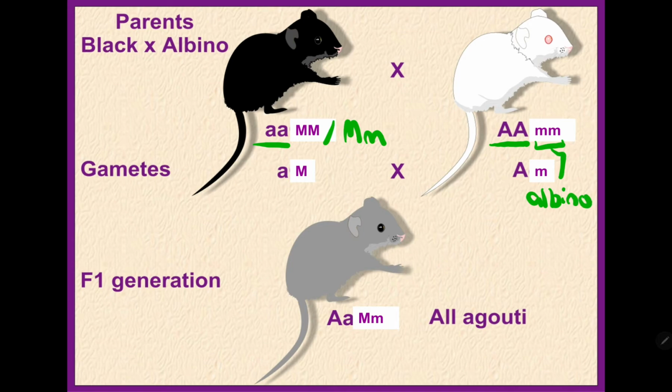So whenever these cross, they result in a first generation which are all agouti, or all grey mice. It receives the dominant A gene from the white mouse, meaning it will be grey, and it receives the dominant M gene from the black mouse, meaning it will express that colour.